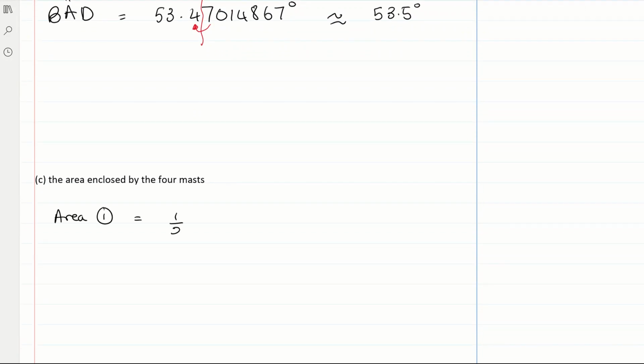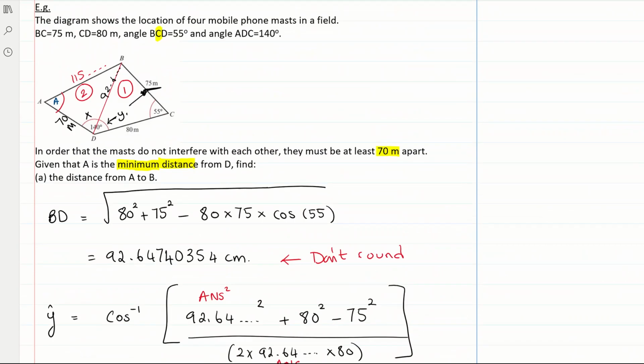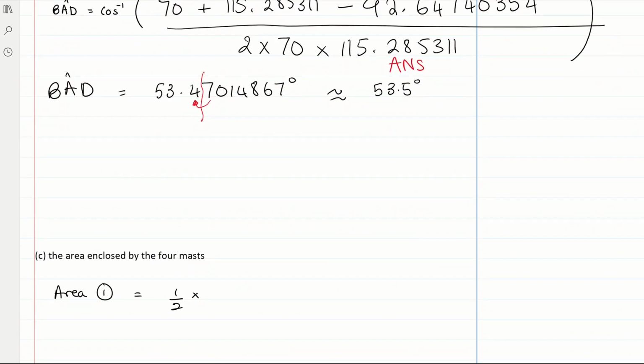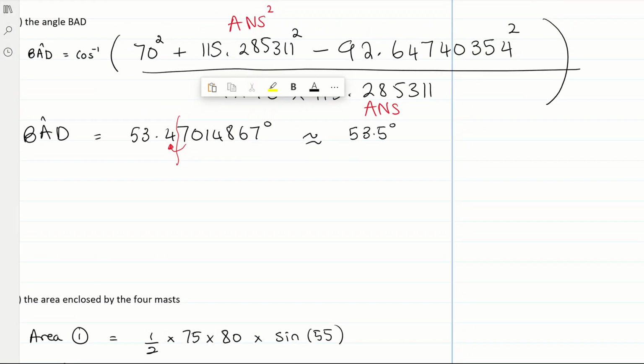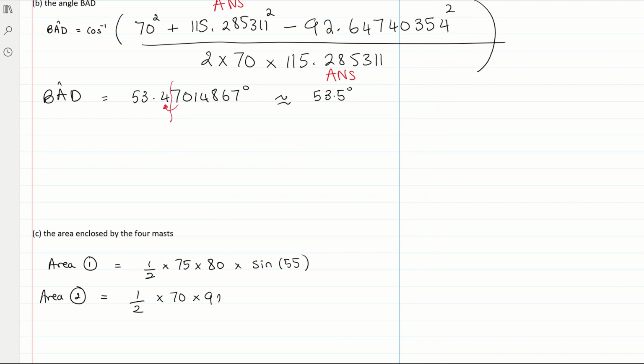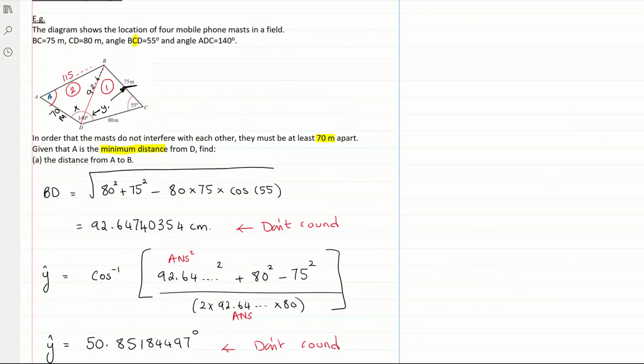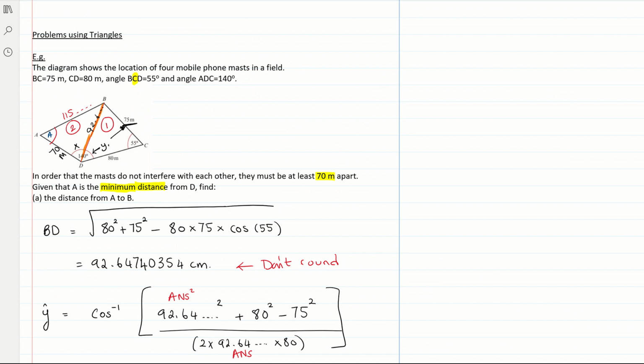Area 1 is half times 75 times 80 times sine 55, and area 2 is half times 70 times 92.64740354 times sine, and if I've used those two, it means it's angle x that I want, and I've got angle x.